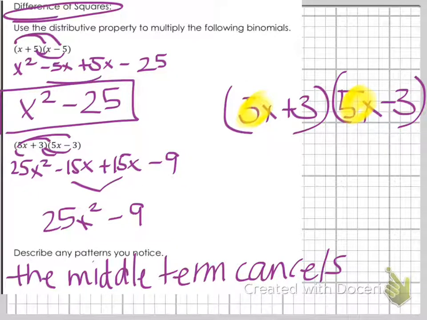The second term in the binomial is 3 and 3 here, but remember, they're opposites of each other. One is positive, one is negative. So again, your first term is the same, but one second term is positive, one is negative. When you have that being the case, your middle terms will cancel out.